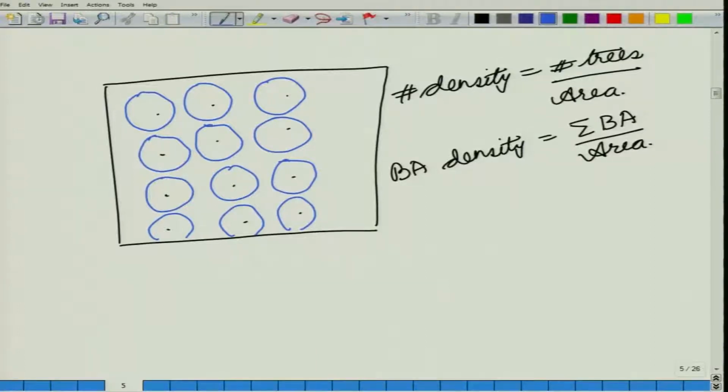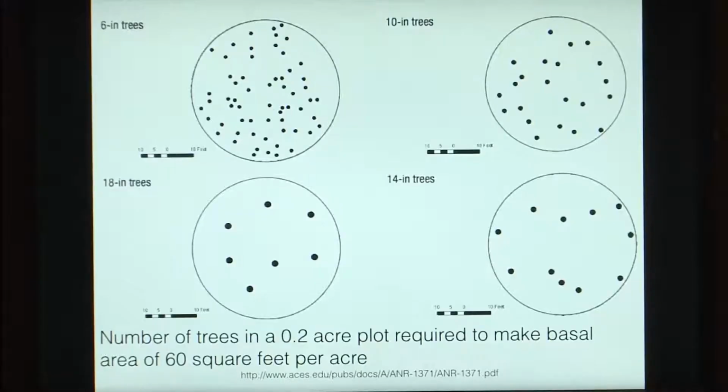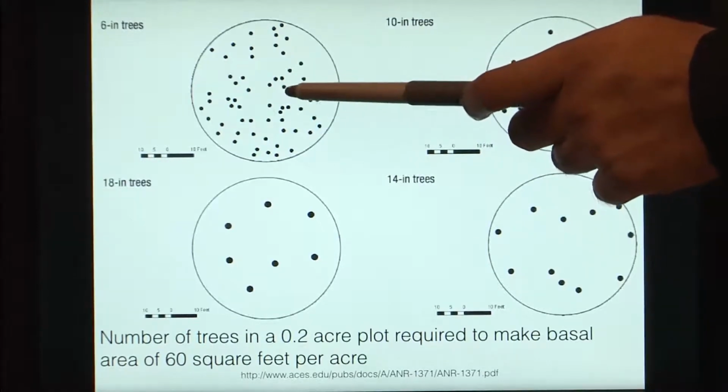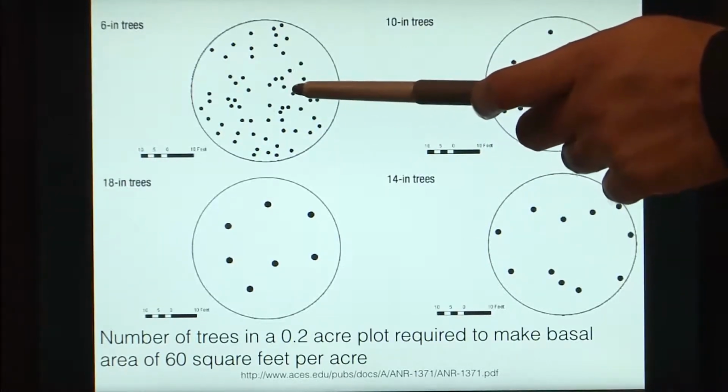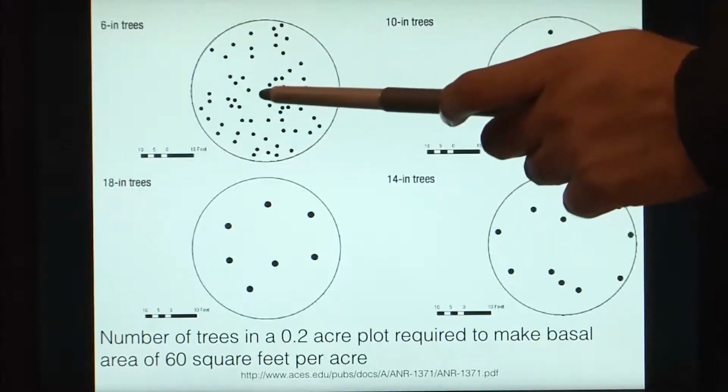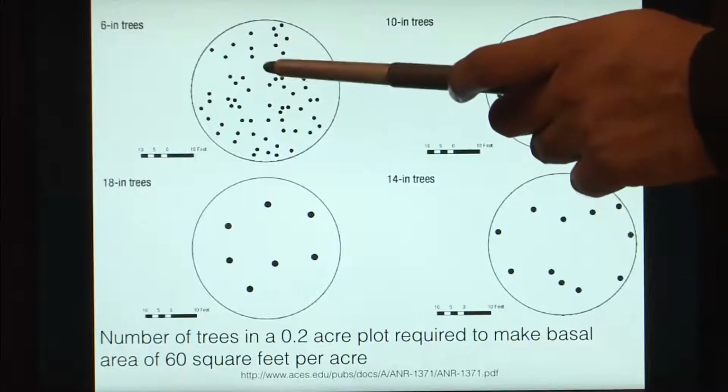Or to show it in another representation, here we see the number of trees in a 0.2 acre plot that is equal to the same basal area of 60 square feet per acre. If our trees have very small diameters as in this case, here we have only 6 inch trees, so there are a large number of trees making up the same basal area of 60 square feet per acre.